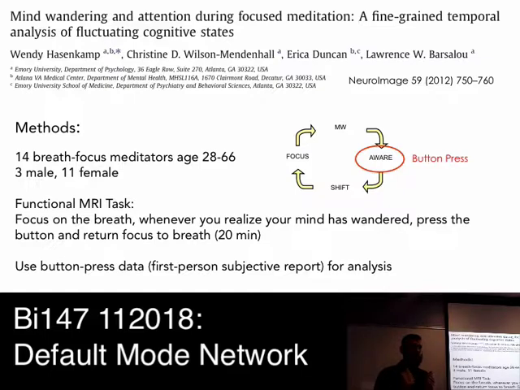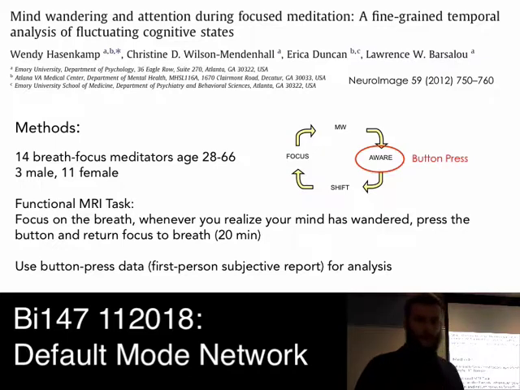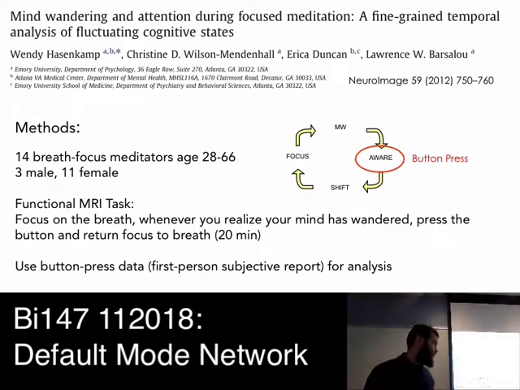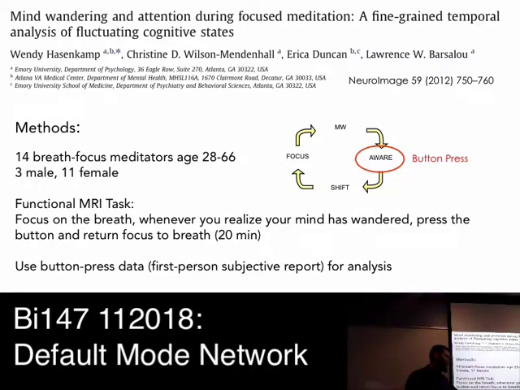Whenever you realize that your attention has wandered, you click a button. That's all you have to do. You're sitting there meditating, mind has wandered, click. That's it. And so this button press data is their subjective report on what happens.